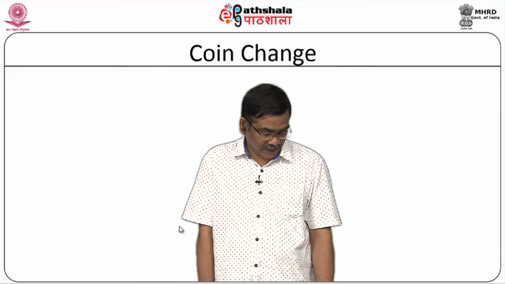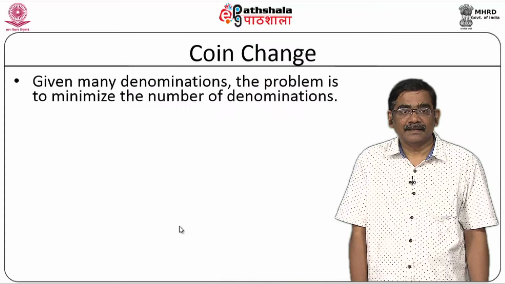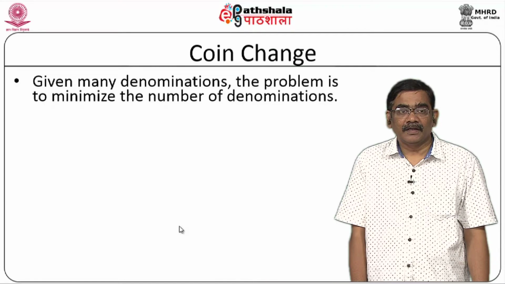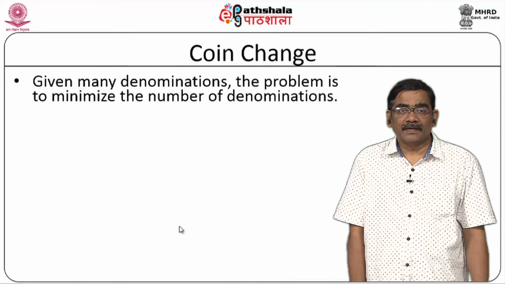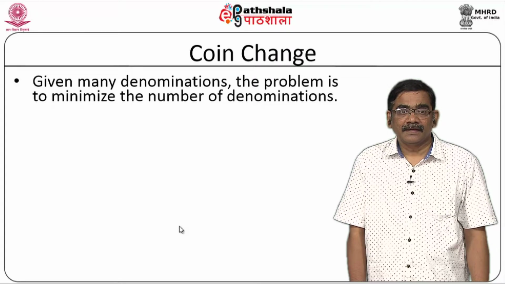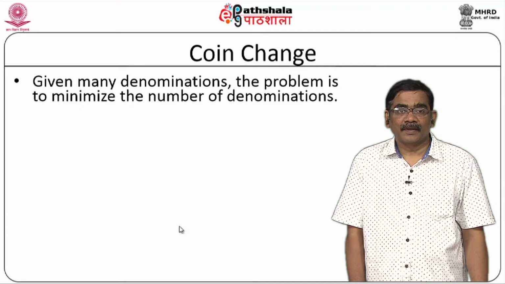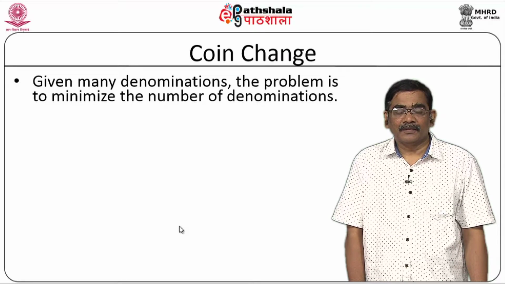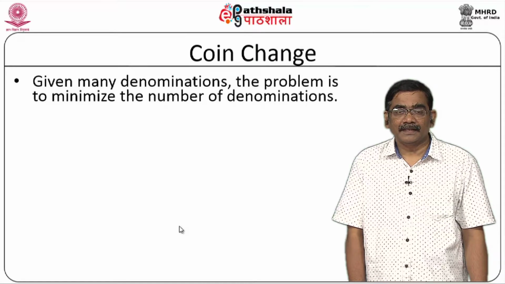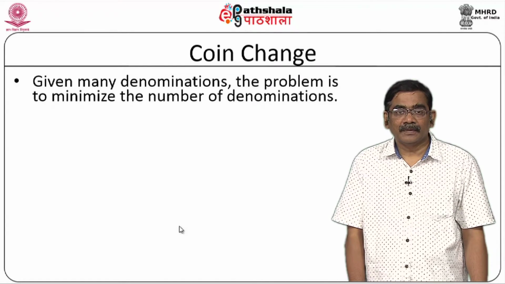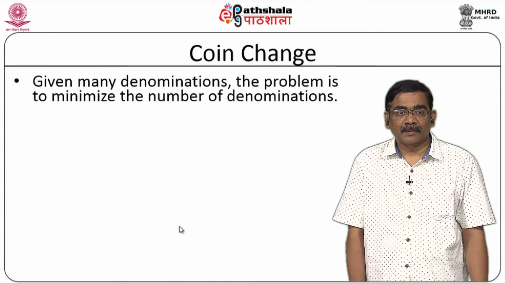So, the coin change problem is something like this. We want to minimize the number of coins. We are given many denominations, and the problem is to minimize the number of coins. Once we have a problem which is stated like minimization, then immediately we can recognize that this is going to be an optimization problem.